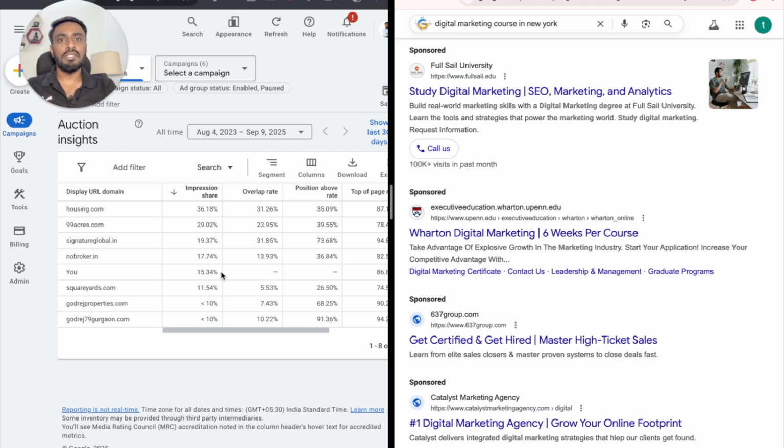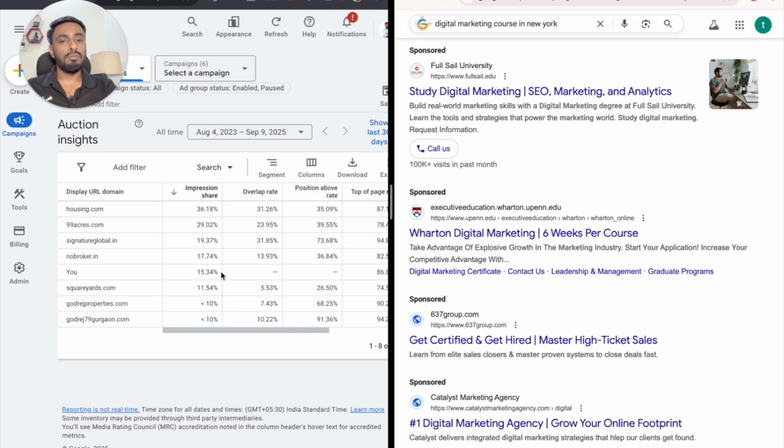Out of those 10,000 people, even if 100 people click on your ad, you are already going to spend your whole budget. Let's assume the 100 people clicked within only 500 impressions, which means that your impression share becomes 50%.